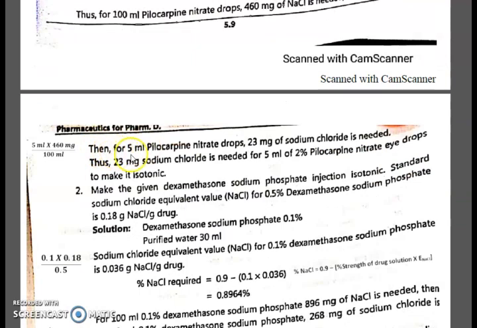So for 5 ml of pilocarpine nitrate eye drops, the amount of sodium chloride needed is equal to 5 multiplied by 460 milligrams divided by 100 ml. So we get 23 milligrams sodium chloride. Thus, 23 milligrams of sodium chloride is needed for 5 ml of 2% weight by volume pilocarpine nitrate eye drops to make it isotonic.